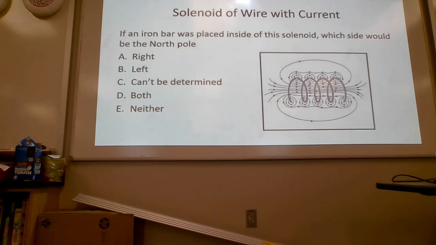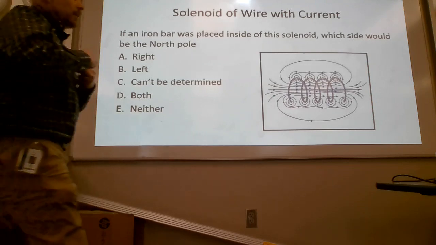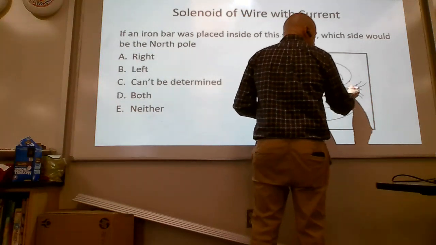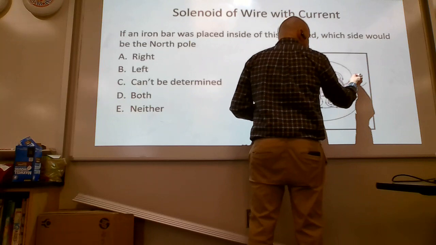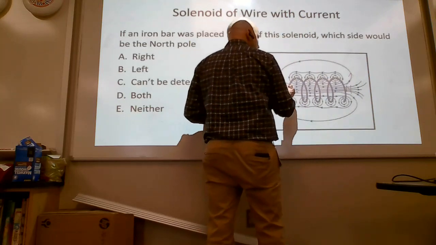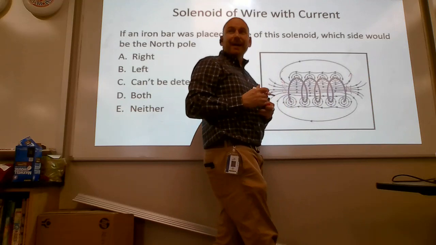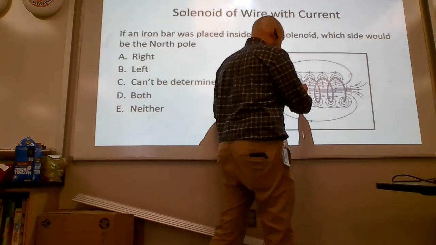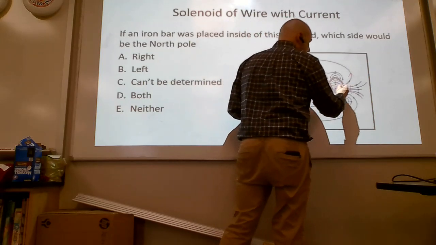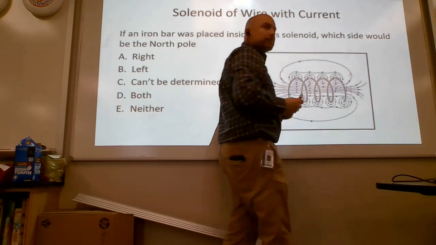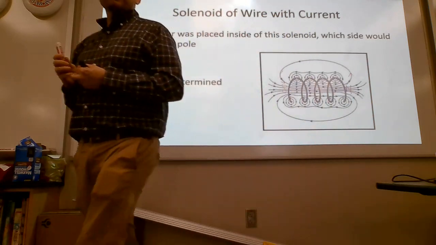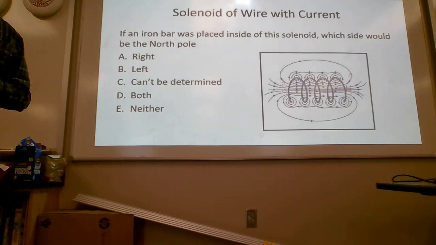I'm going to tell you this one. Outside the magnet, field lines go out of north into south. But inside the magnet, they go from south to north to make full loops. Does that make sense? So the right side is the North Pole.